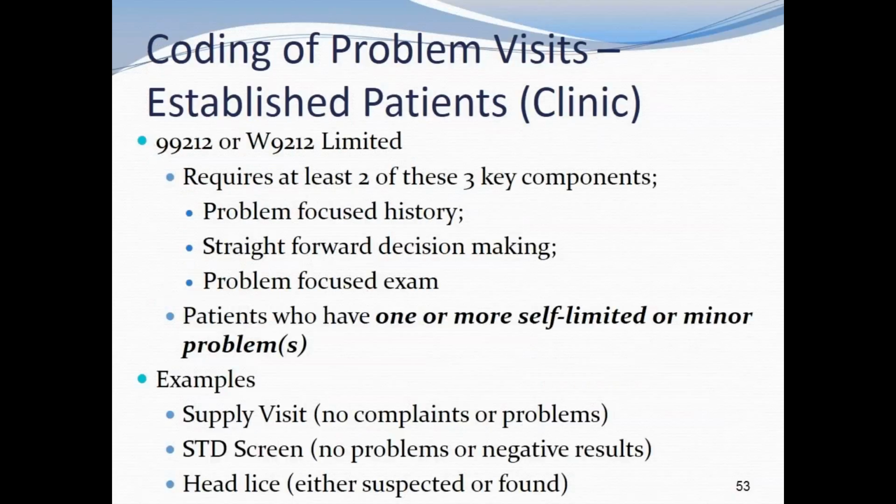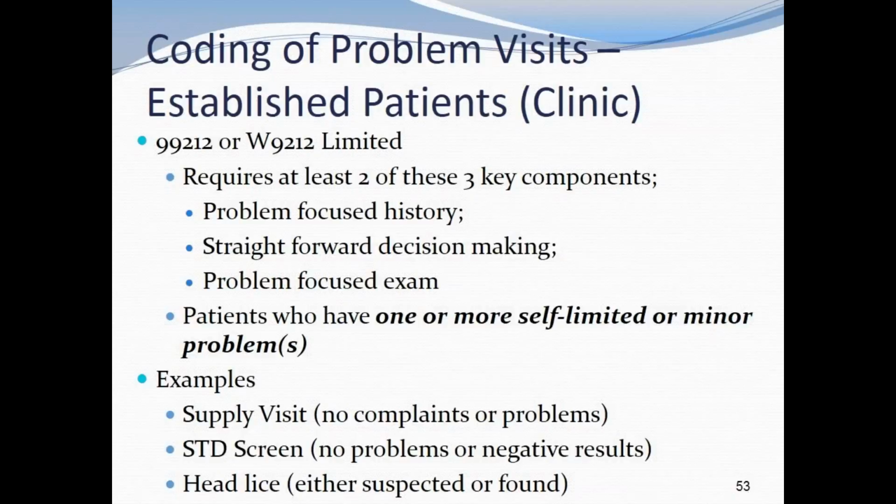The next thing that I have is a limited established patient, which requires 2 of the 3 key components. So you have a problem-focused history, straightforward decision-making, and this is basically 1 or more self-limited or minor problems. Okay, so I give you some examples down here. Let's go through that.